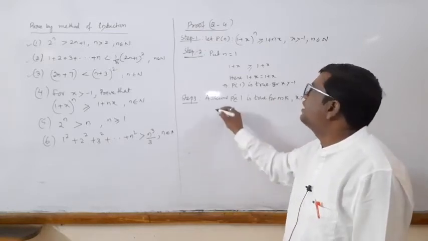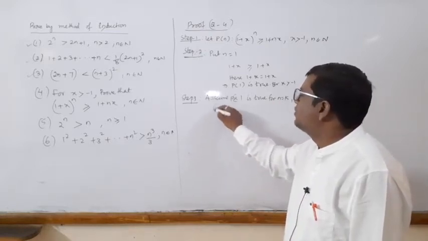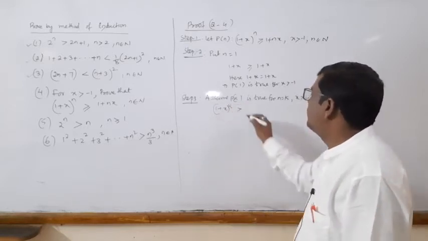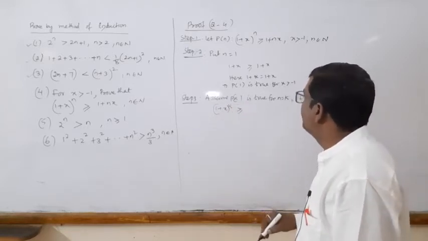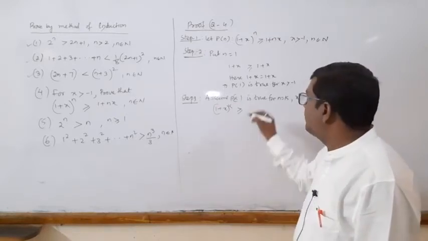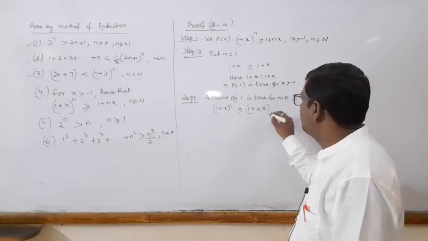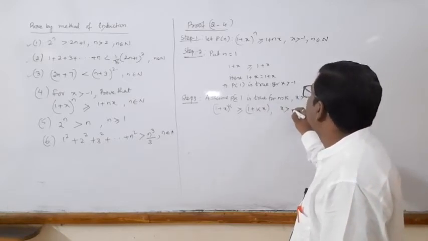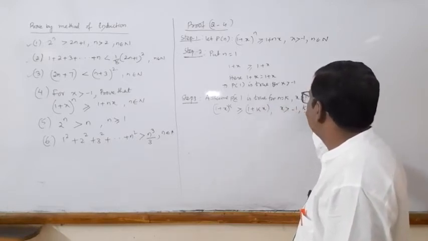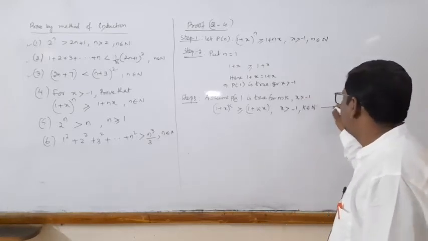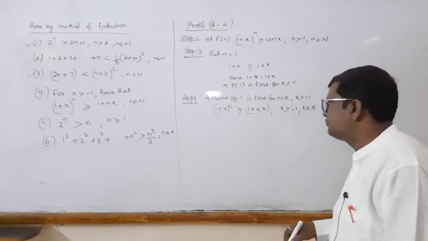So that is (1 plus x) whole to the power k is greater than or equal to 1 plus kx, provided x is greater than minus 1, k belongs to N. This is our supposition, equation 1.